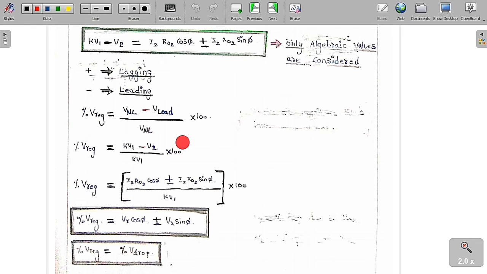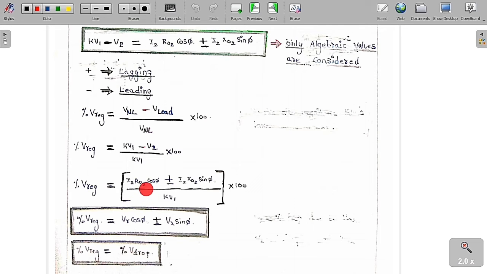If you open the load, the no load voltage is K into V1. If you keep a load, the load voltage is V2. Already we know the value of K V1 minus V2, which is I2 RO2 cos phi plus or minus I2 XO2 sin phi, by K into V1 into 100.